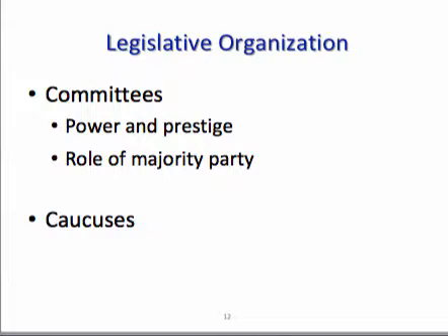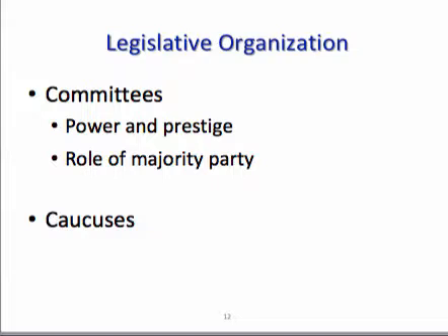If there are surprises, that means that either the leadership is not really performing its job very well, or else perhaps the legislation is extraordinarily controversial.